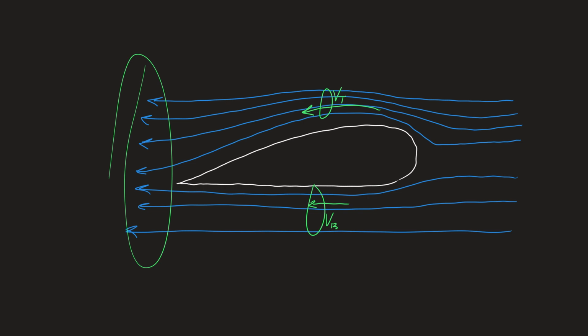Now, Bernoulli's principle states that because the air is traveling faster over the top of the wing, the pressure on the top of the wing is lower, while the pressure on the bottom of the wing is higher. Well, in physics, pressure is a force over an area.